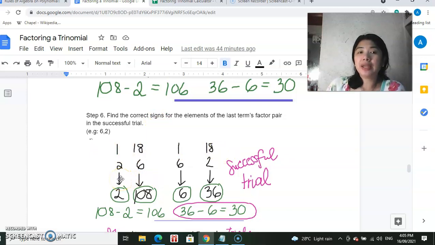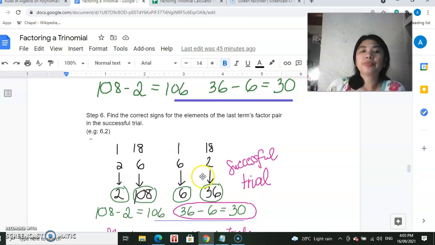And then we will have two trials. Bali-baliho na to ang second term. Okay, so for the first trial, 1 is paired with 2 for the 1 and 1 correspondence, and then 18 is paired with 6 for the 1 and 1 correspondence. For the successful trial, actually, 1 is paired with 6, and then 18 is paired with 2.